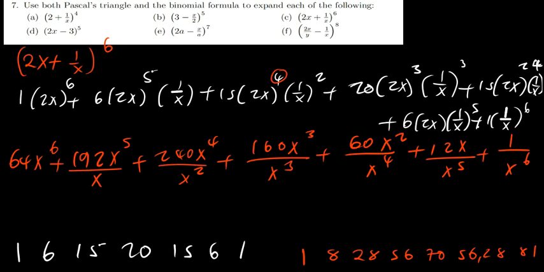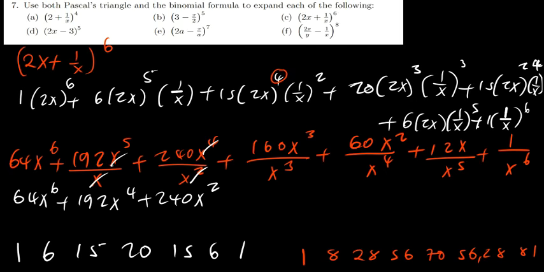So if I simplify this, I'll be able to have 64 x to the power 6. This x there, I'm going to remain with 192 x to the power 4. This one here will remain with x to the power 2. 240 x to the power 2. This one will go, I'll just remain with 160.